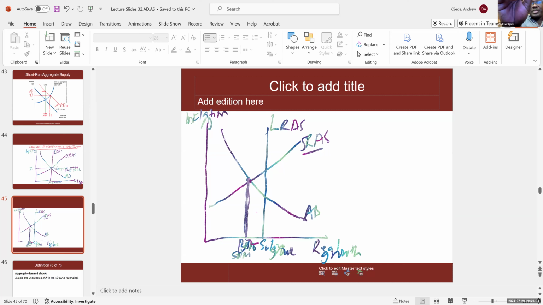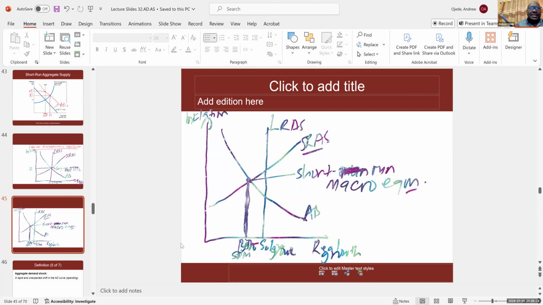Okay? So this point of intersection between the aggregate demand curve and the short-run aggregate supply curve is what we call short-run macroeconomic equilibrium. You can just call it macro equilibrium. So anytime the intersection between aggregate demand and the short-run aggregate supply curve happens at a point which is not on the long-run aggregate supply curve, we say that the economy is in short-run macroeconomic equilibrium.